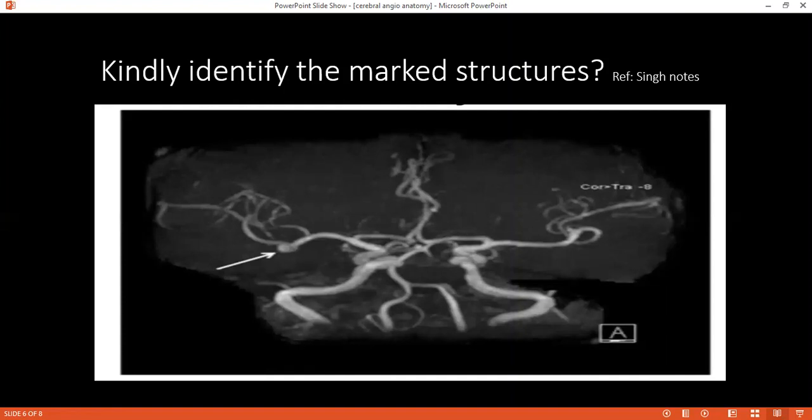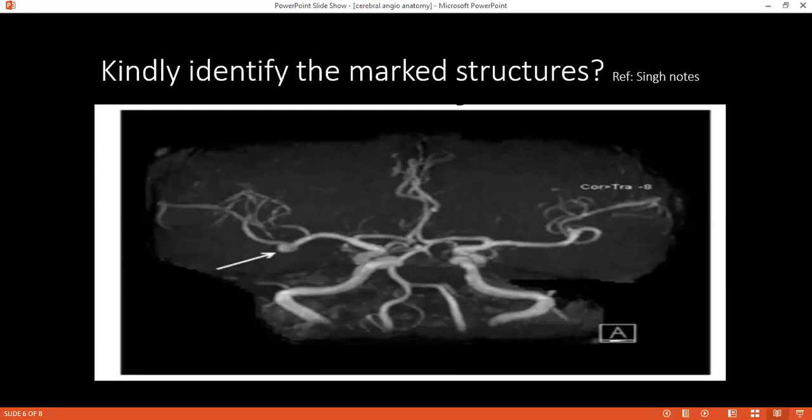The patient would present with contralateral upper motor neuron type of palsy of the lower part of the face. Then there would be hemiplegia of the opposite side, involving upper and lower limb. And also if the dominant lobe is involved, then there would be aphasia due to involvement of Broca's area. Very good.